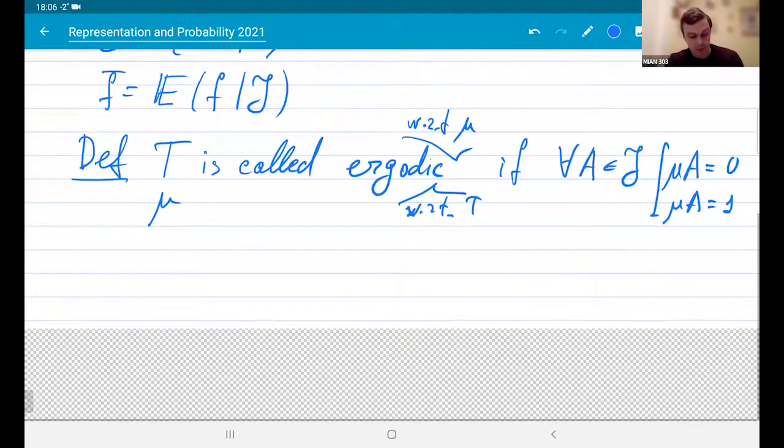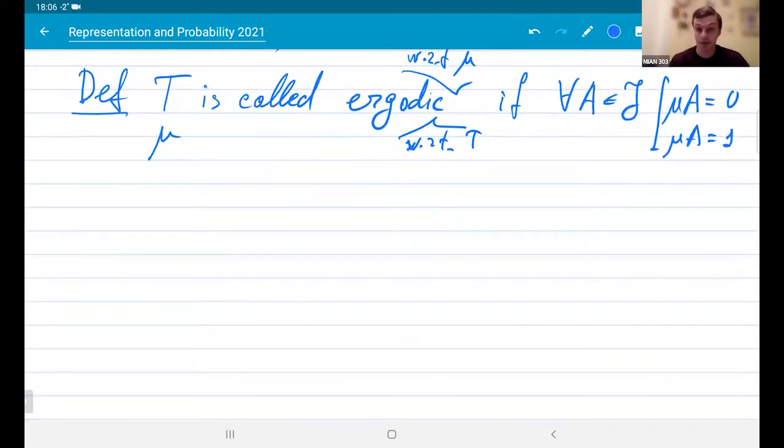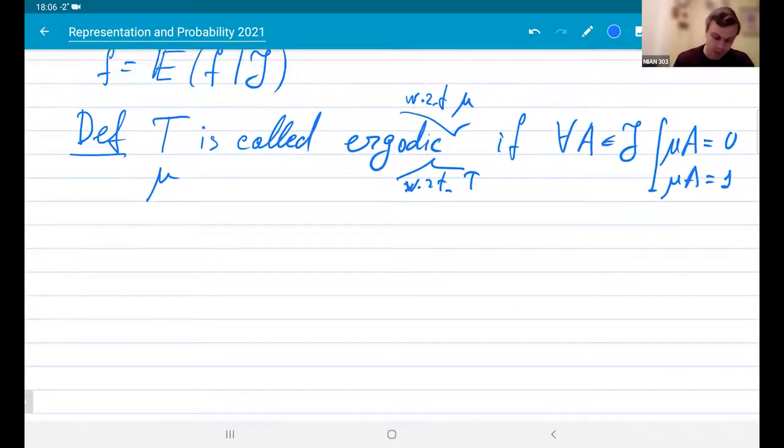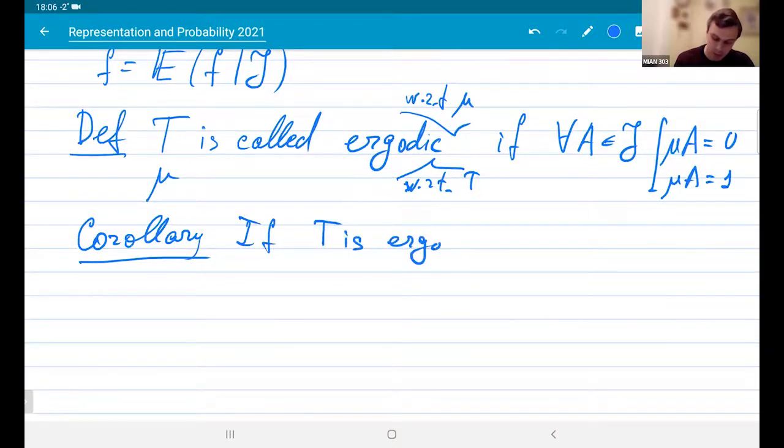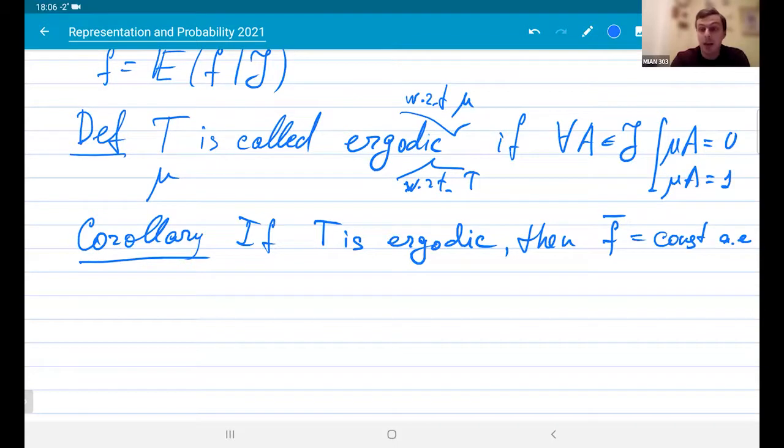Okay, so corollary: if T is ergodic, then f bar is constant almost everywhere. And if it is constant almost everywhere, then you know what this constant is, because the integral of f bar d mu equals the integral of f d mu.